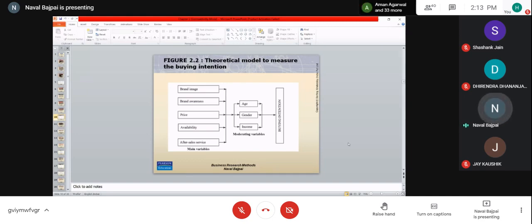So if this is the topic, this model and questions pertaining to this model would ultimately be asked. 25 questions would be asked from the sample taken from Madhya Pradesh, and 25 questions from a sample taken from Gujarat, and then we are going to compare the results.